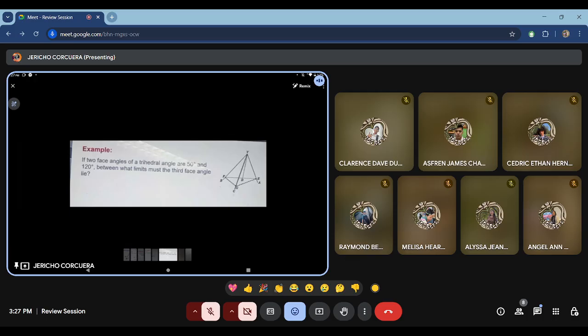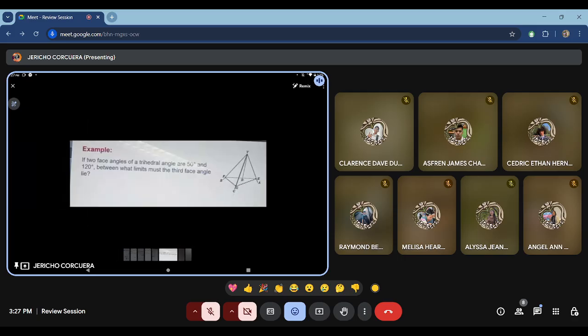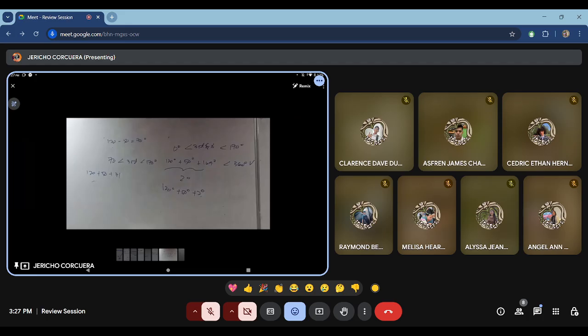If one is not satisfied, then it makes the statement false. So here's the solution. We have 120 degrees and 50 degrees. If we add them, that is 170. Then if we subtract them, that is 70. So the third face angle must be greater than 70 degrees but less than 170.